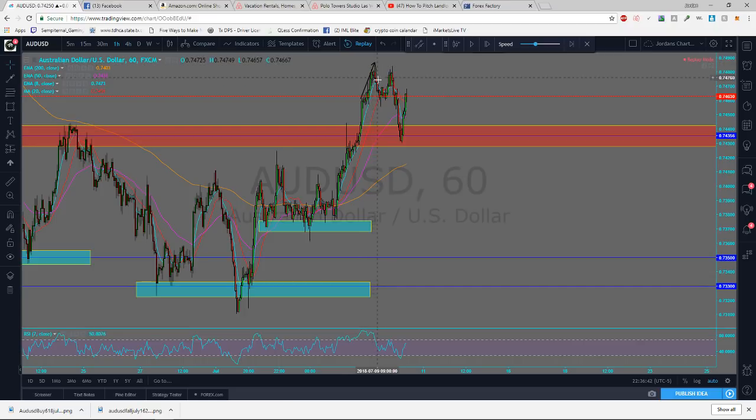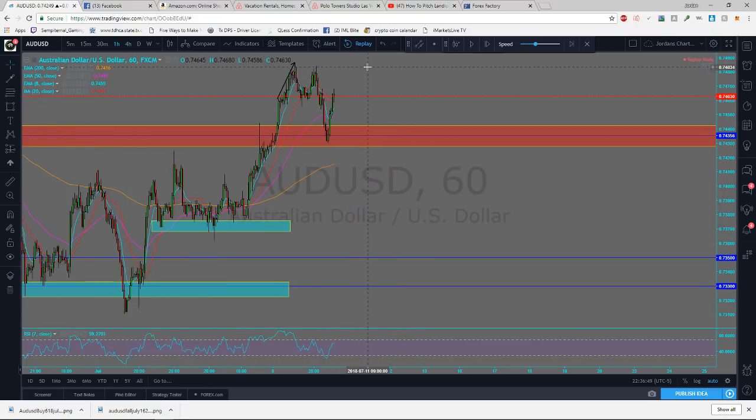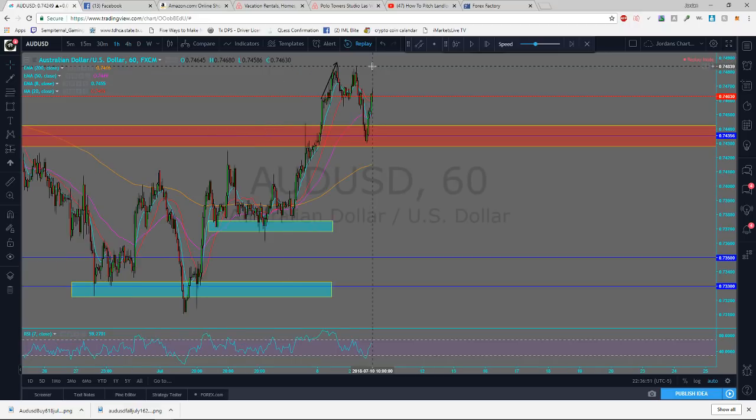And as you can see, when we got here, we returned and pretty much went just as high as the last time, but yet price still moved down more, right?